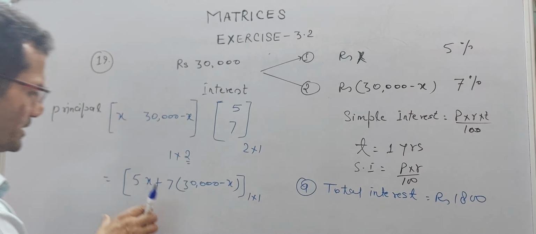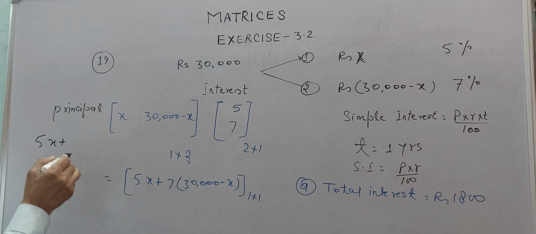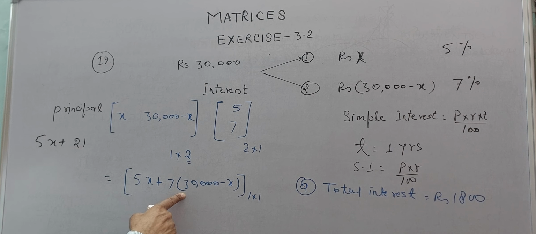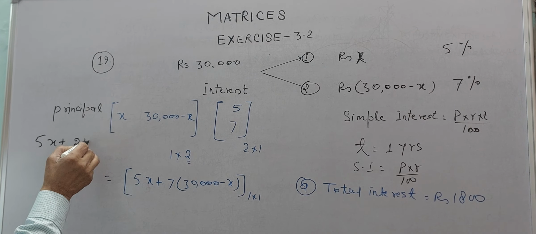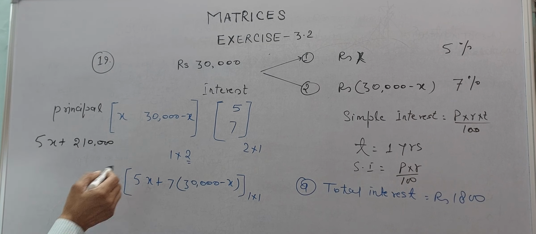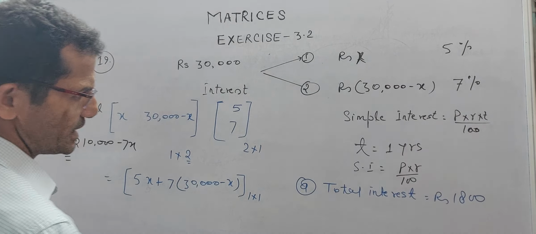So here the total combined interest we have, if I add all these values, this is equal to 1800.